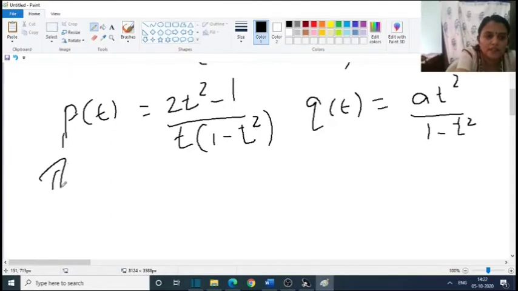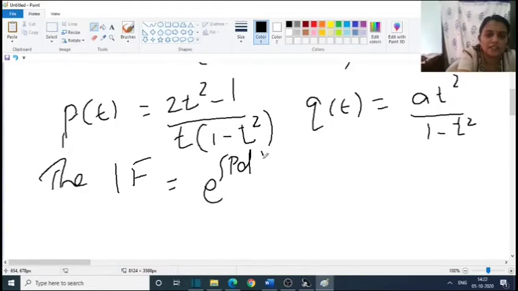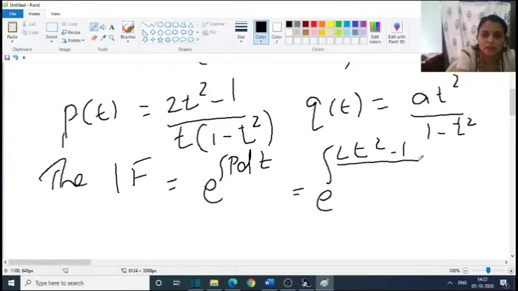This is a linear differential equation. Now the integrating factor is equal to e raised to integral p dt, which is equal to e raised to integral 2t square minus 1 by t into 1 minus t square dt.